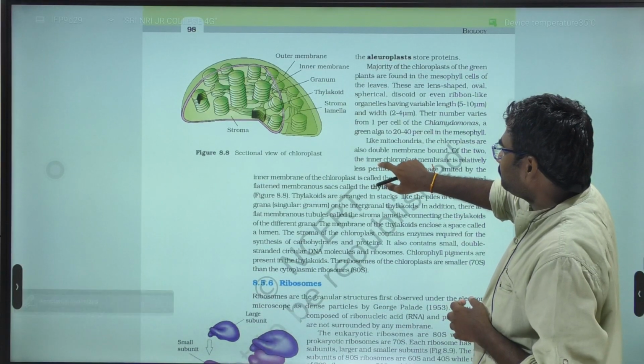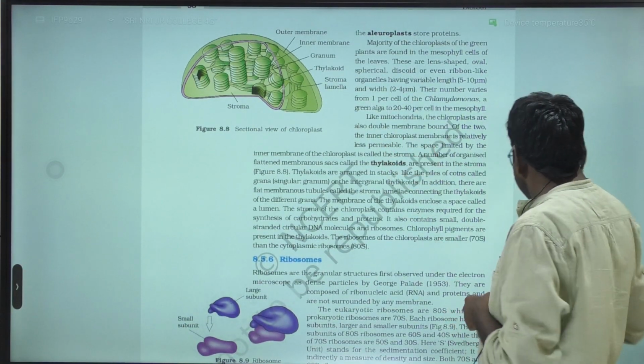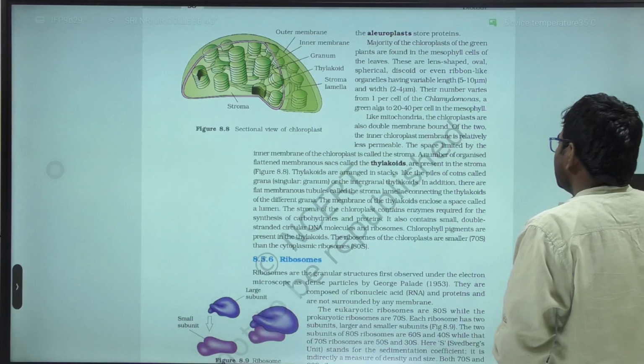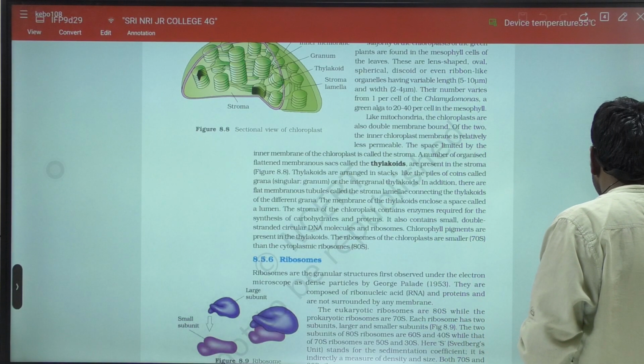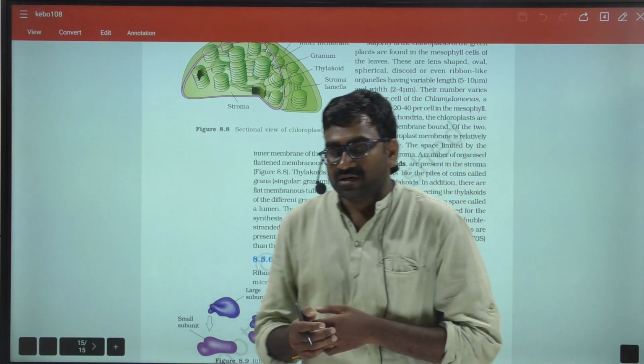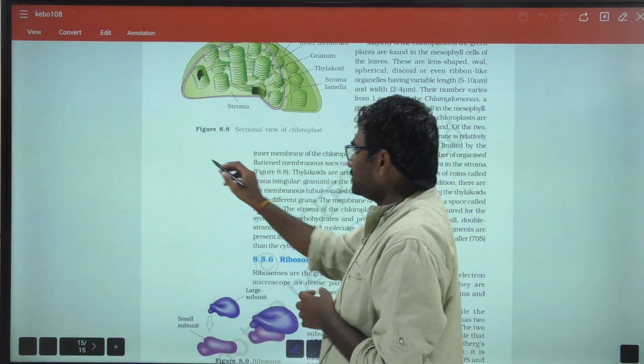Plastids, that is chloroplast. Chloroplast is a double membrane cell organelle.